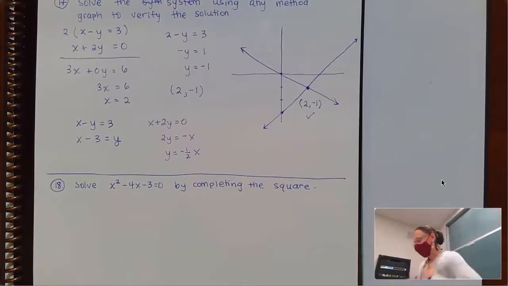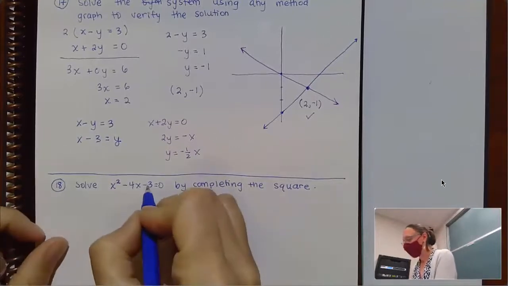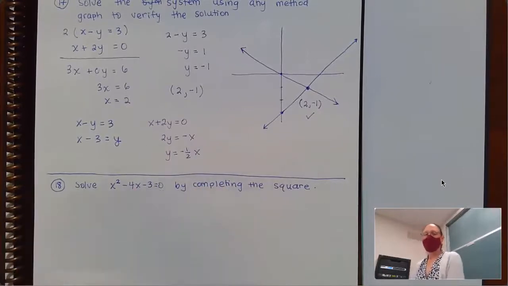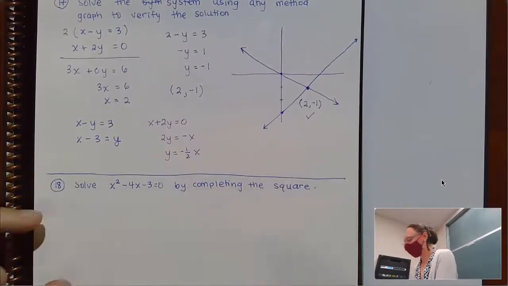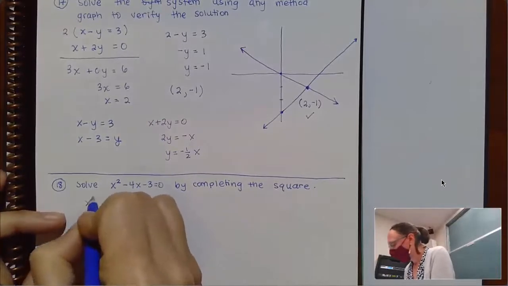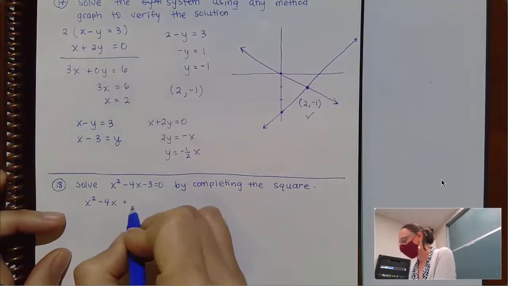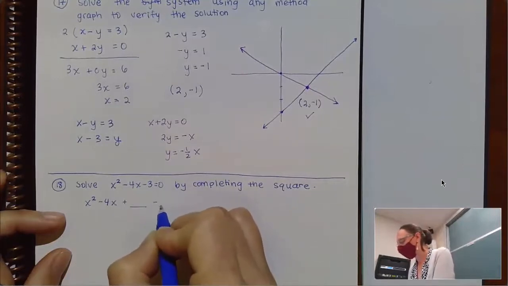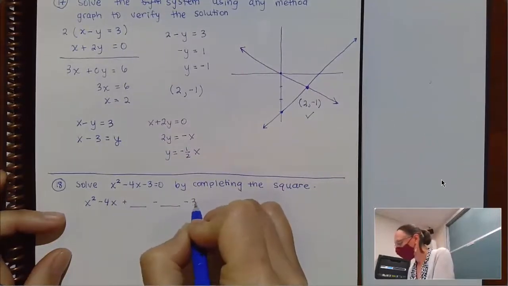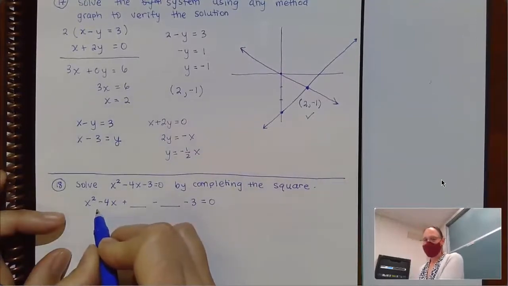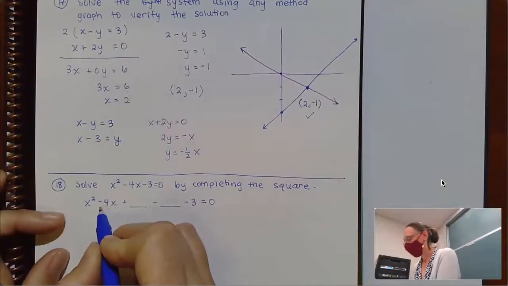Okay, so if we're going to solve this by completing the square, I can either get that 3 out of the way by writing it on the right-hand side or just giving myself a little bit of space. So I've got x squared minus 4x, leaving space to add something and subtract it back off. So I'm going to take half of -4, which would be -2.